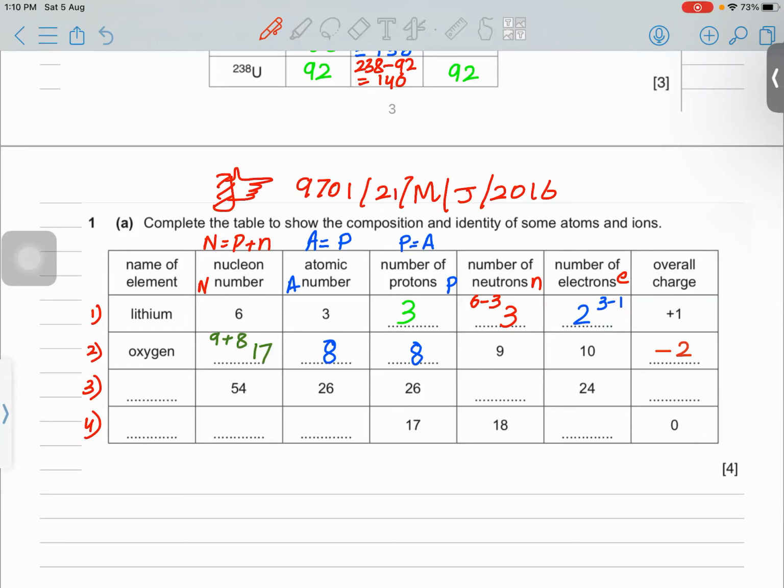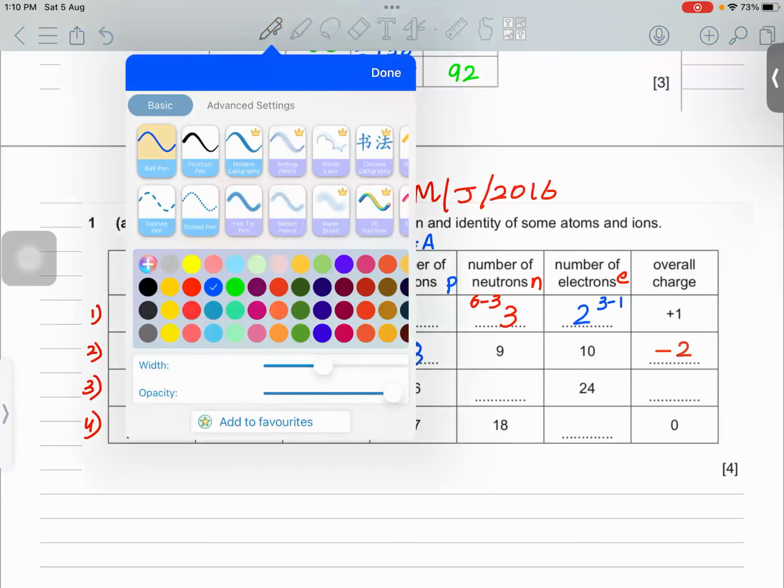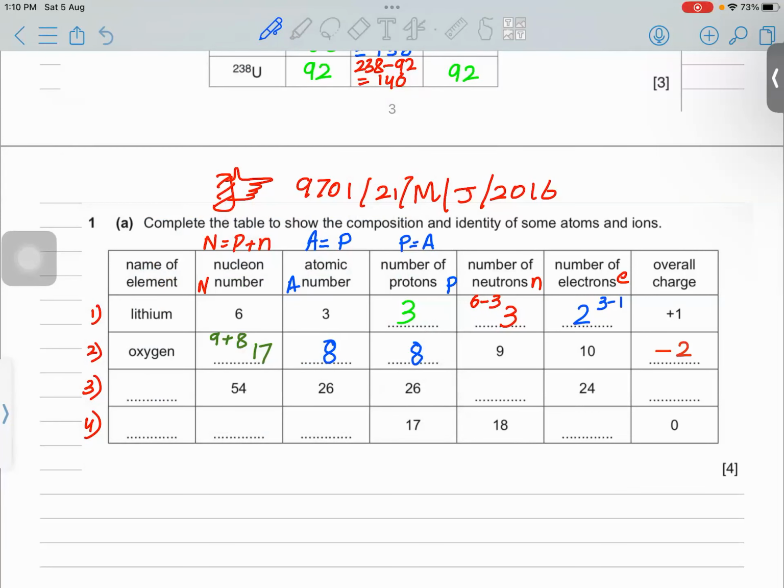Okay, next. Hamza. Yes, sir. Number 3. So the atomic number is 26. Yes, it's going to be iron, I guess. Fe. Yes, iron is 26. So will I write Fe for iron?